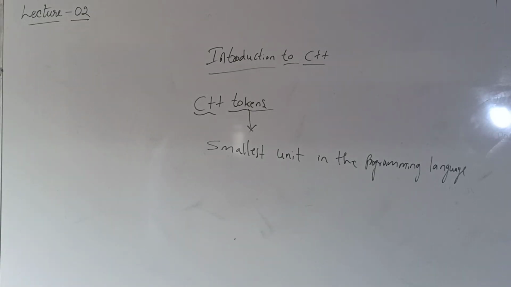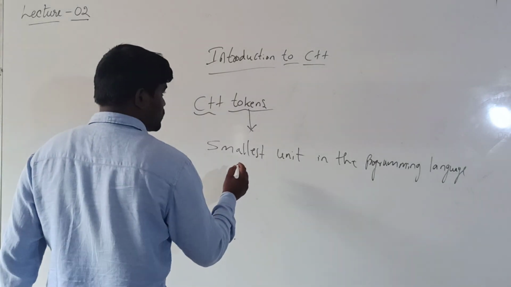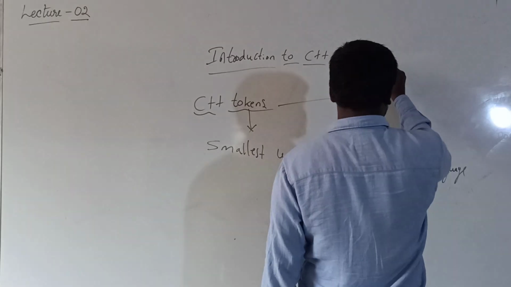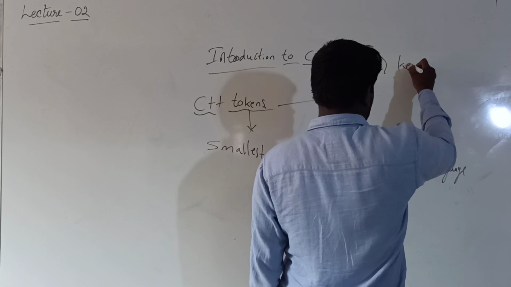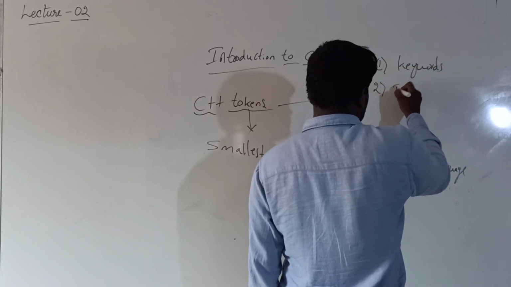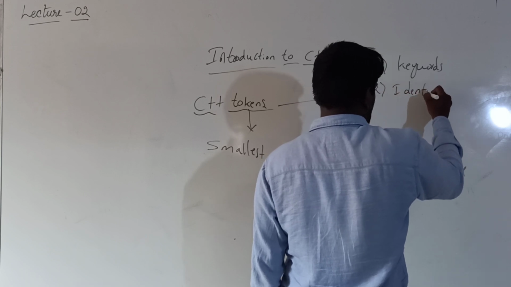There are some C++ tokens. There are 5 C++ tokens. First one is keywords, not keyboard, it is keywords. Second one is identifiers.